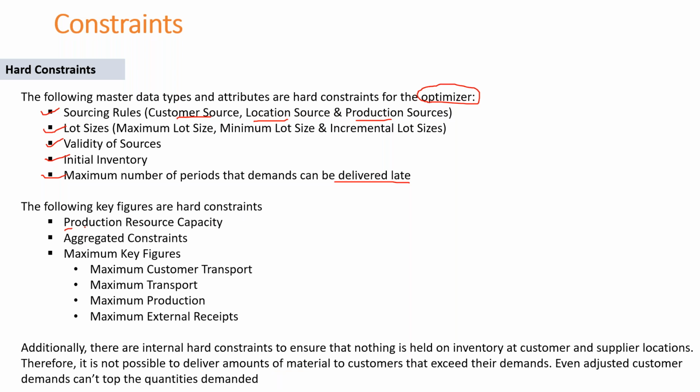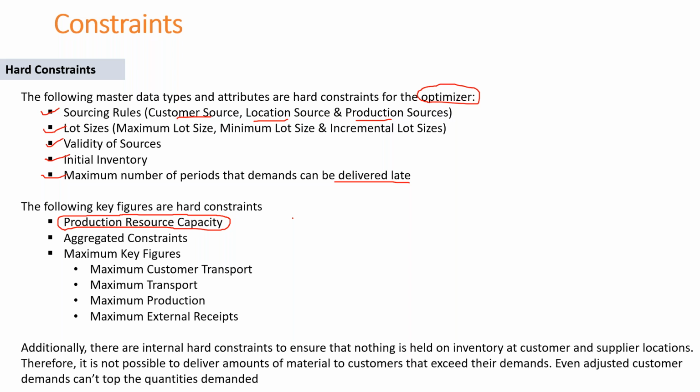The key production resource capacity is a key here. In the other two algorithms that we have seen, heuristic and supply propagation, they really don't care about the production capacity, how much capacity is there to produce. Whereas the optimizer respects it, and it's a hard constraint.